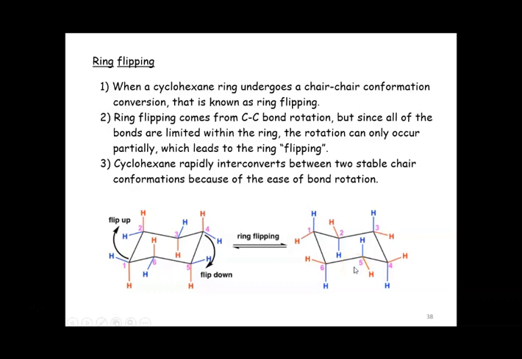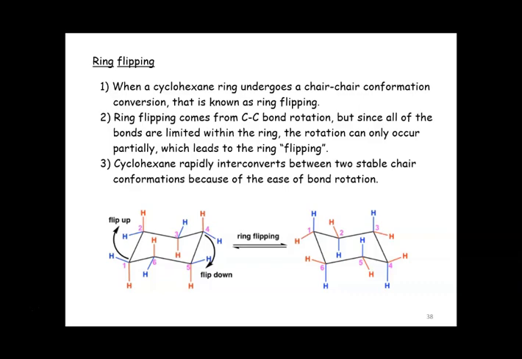Ring flipping comes from carbon-carbon single bond rotation. However, since all of the bonds are limited within the ring, the rotation can occur only partially. And this partial rotation of bonds leads to the ring flipping.